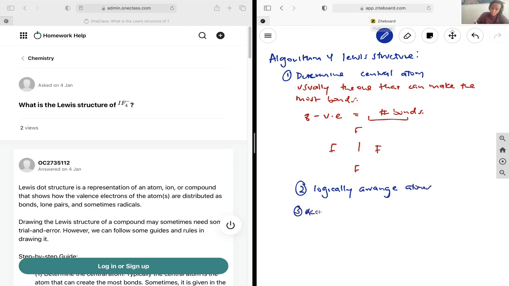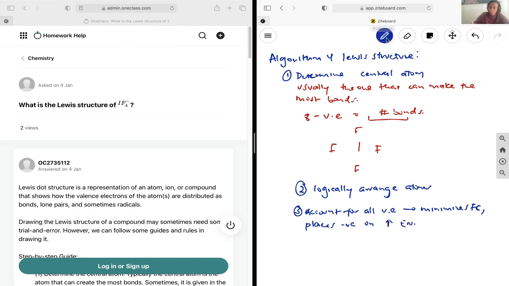And lastly, we want to account for all valence electrons in a manner that minimizes formal charge and places negative charge on the more electronegative atoms.